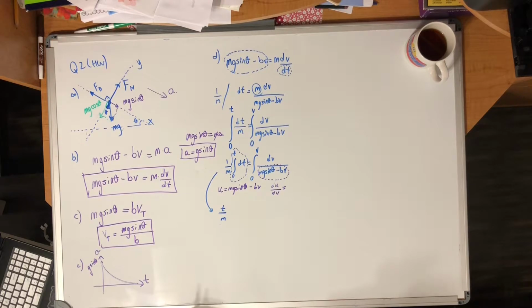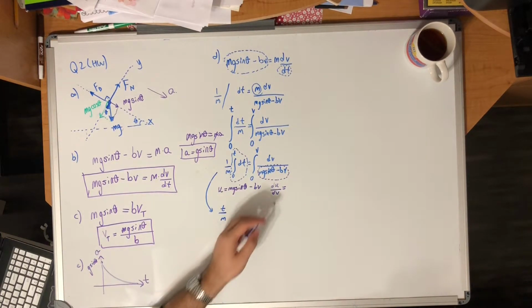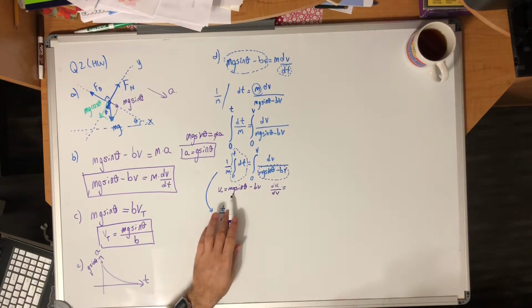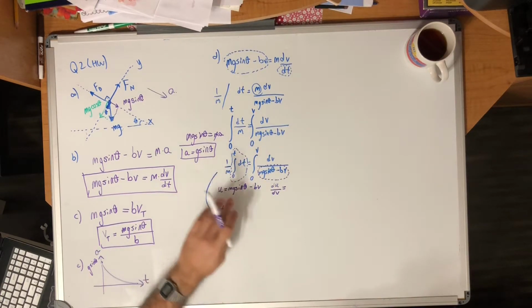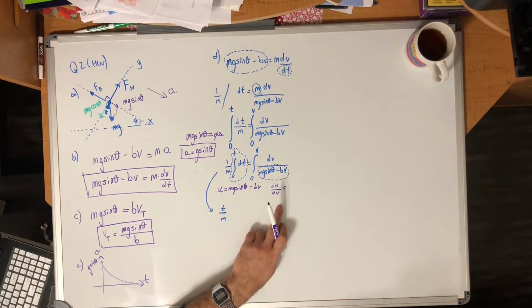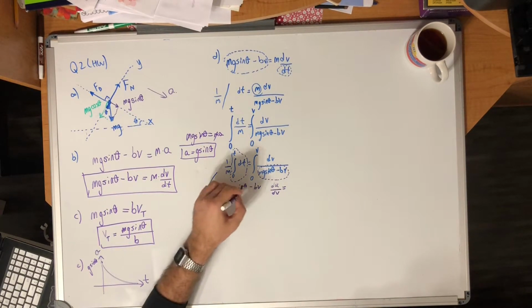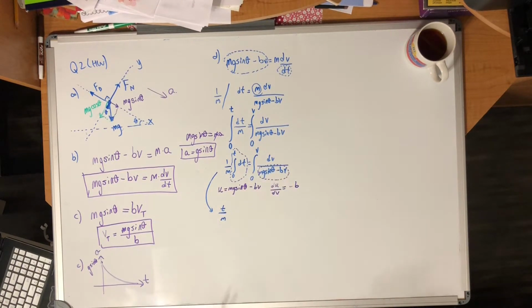So if you take the derivative of the u function, which is mg sine theta minus bv, with respect to v, mg sine theta is a constant. The derivative of a constant is 0, so I'm not going to get anything from there. And what is the derivative of negative b times v with respect to v? You will just get the coefficient, which is negative b.